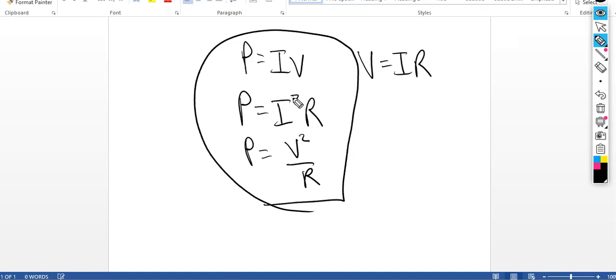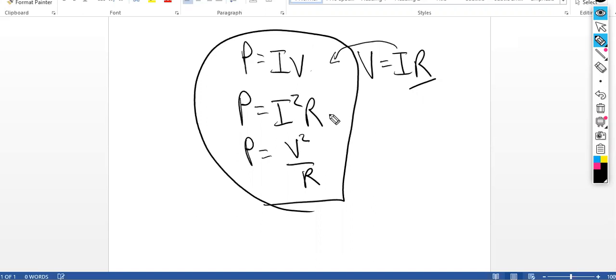And if you just know those first two, you can ask how did I get this I squared R? I just substituted in IR for V, and that gives me I squared R. Likewise, if I substitute in V over R for I, I get this one. These will be the ways that you'll see power equations. Those other ones, like the square root of resistance, forget about it. These three right here are the ones that you want to have.